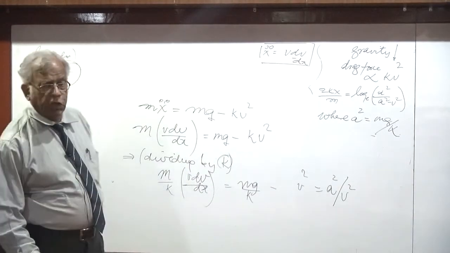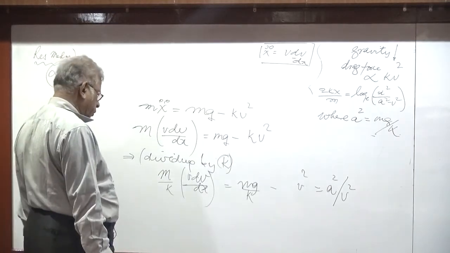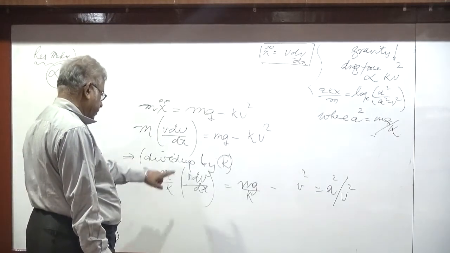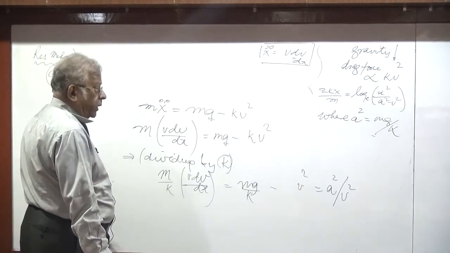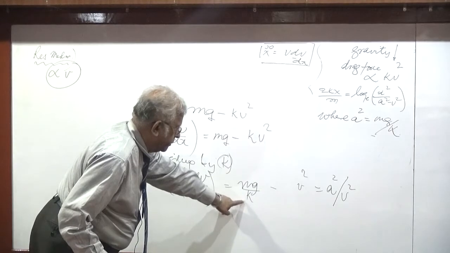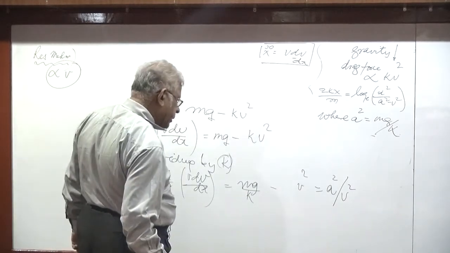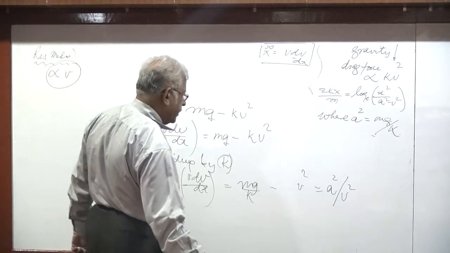Distance lends enchantment to the view. I do hope I have not allowed any error to creep in. m by k v dv/dx, it's fine. mg by k is going to be replaced by a square.